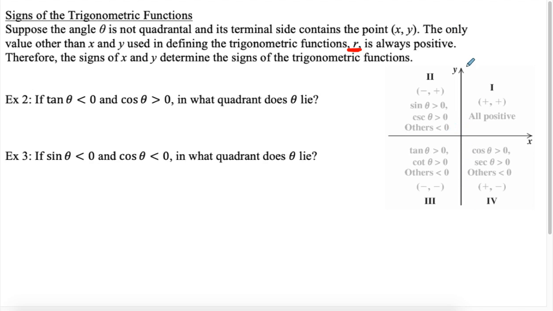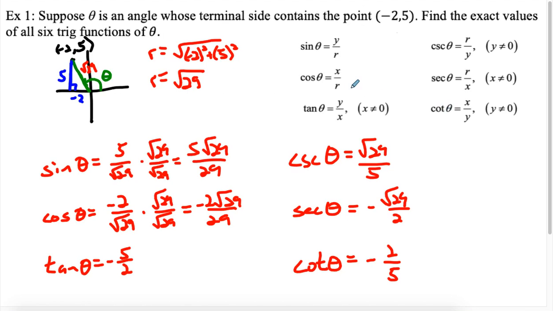Okay? So the other of the big three trig functions, then tangent. Tangent deals with both x and y. Tangent is y over x. So if both the y and the x coordinate have the same sign, right? If they're both positive or both negative, then tangent will be positive.